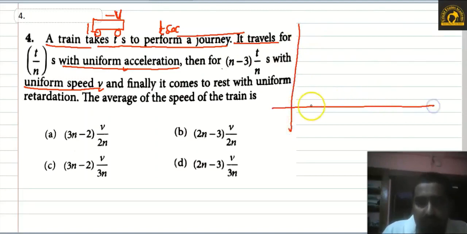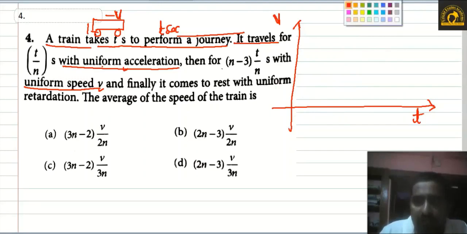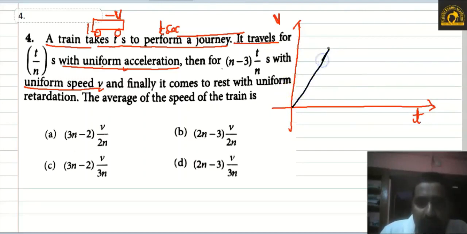This is the graph. This axis is time and this is velocity, speed. The total journey is t seconds. It travels t by n seconds with uniform acceleration. Uniform acceleration in the V-t graph is this line.